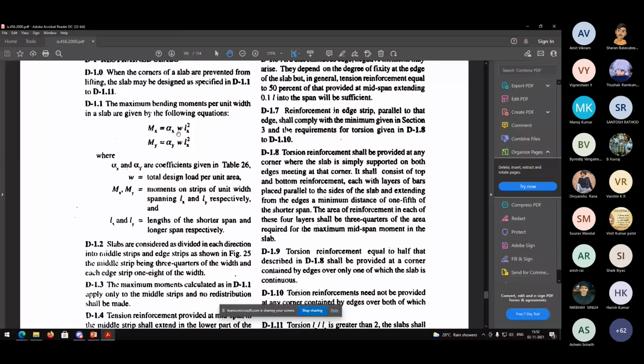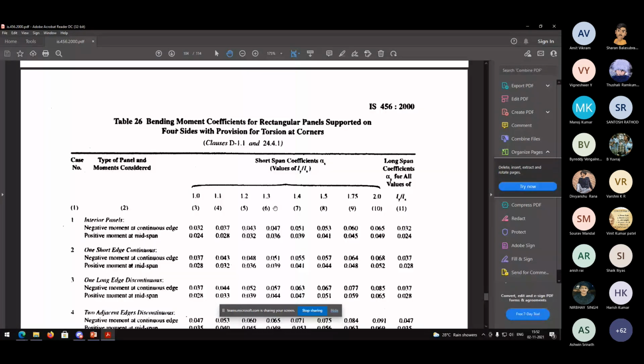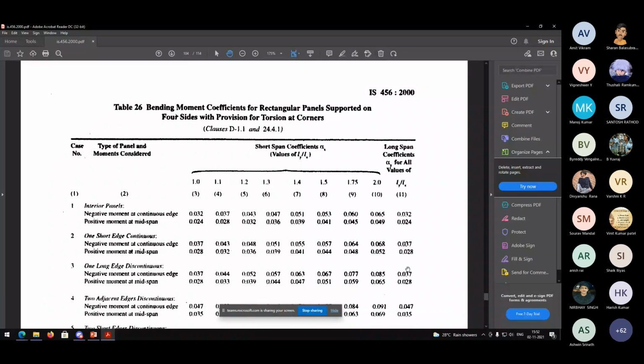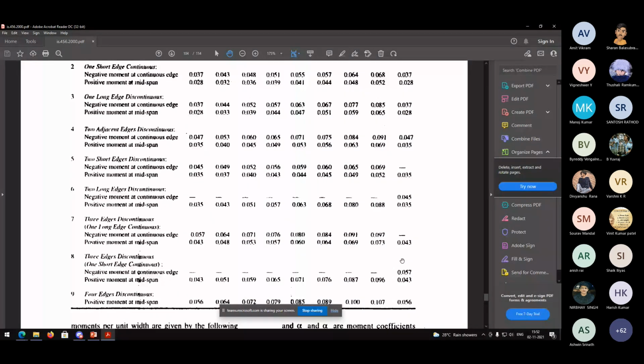For mx it's Lx squared, for my also it's Lx squared. If it had been my equals alpha y W Ly squared, then for the long span coefficients also your alpha y would depend on Ly by Lx, with 1, 1.2, 1.3, 1.4, etc. Because it is also being related to Lx, you have just one single value over here. So this is something that is unique about this particular table.